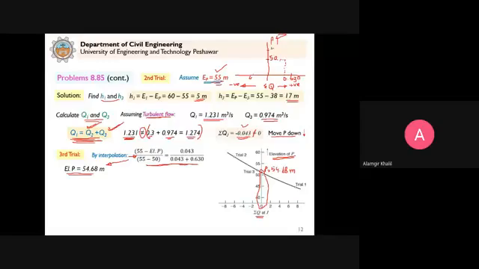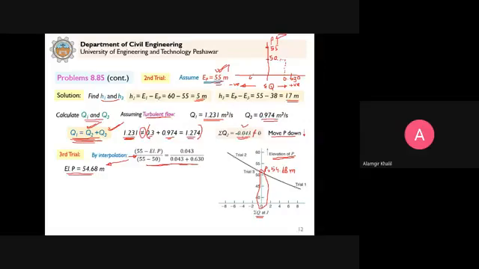So this is 55 here. Let me take this value a bit up. So we get this value as 55 here. So for this 55 meter, what do we get?